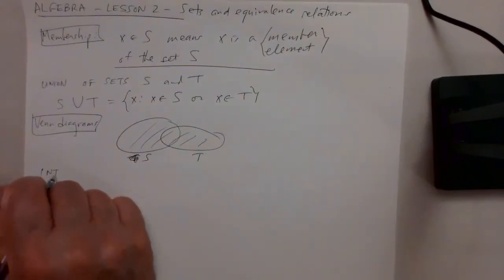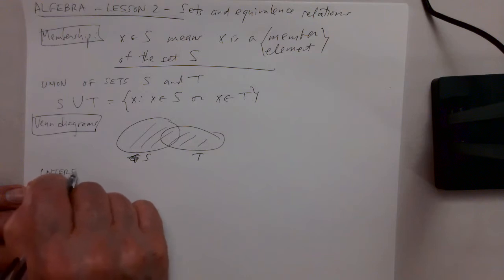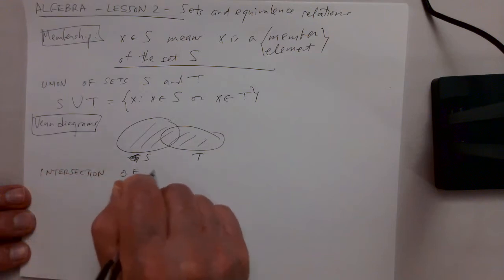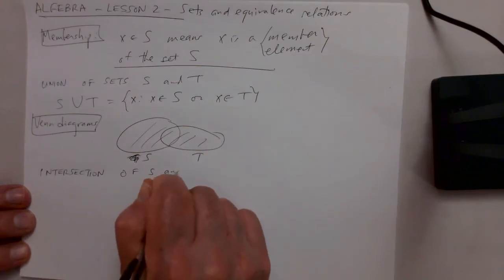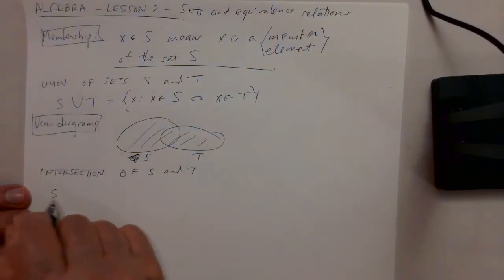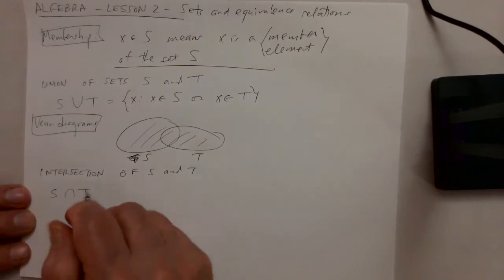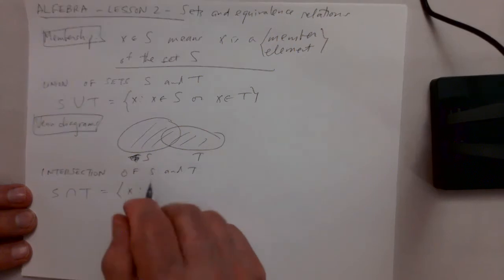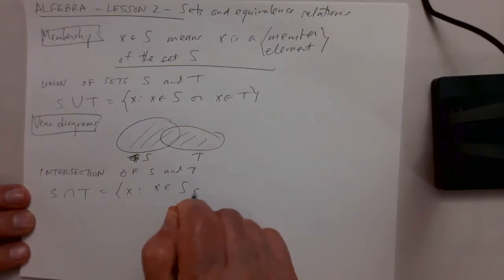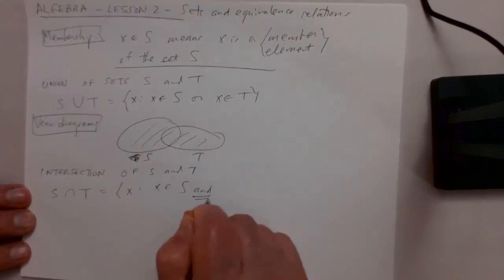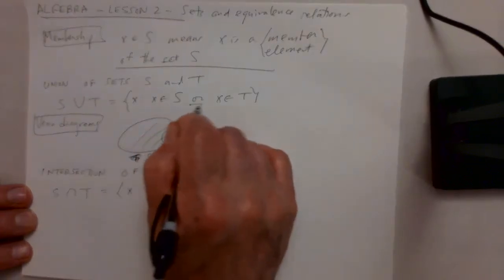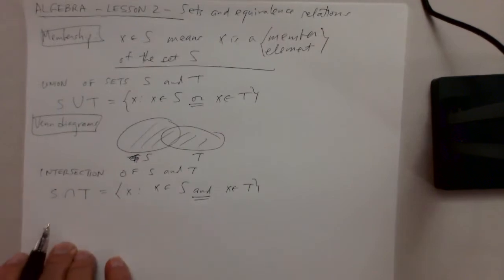We also define the intersection of S and T. So S intersect T, that's an upside down U. This is all elements X such that X is in S and X is in T. Here we have an or for union, but an and for intersection.